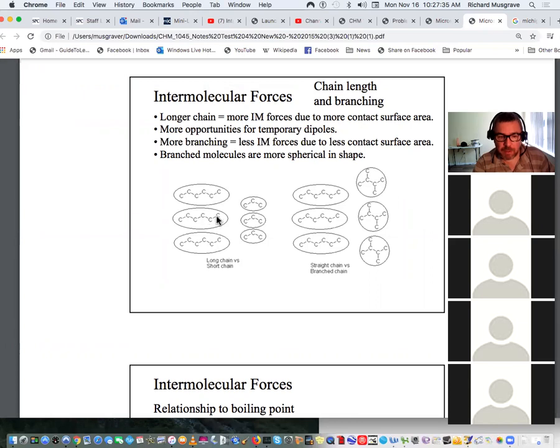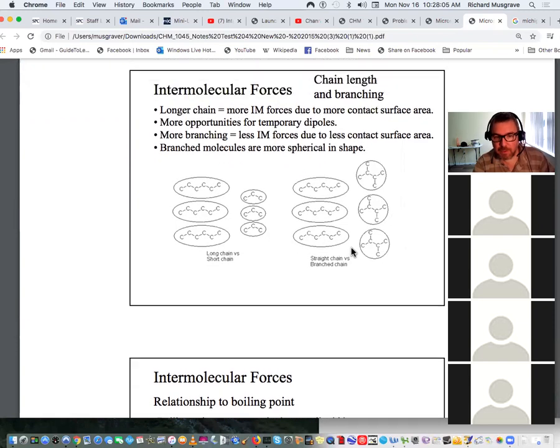We can also say the same thing about straight chain versus branch chain. Straight chain is very flat, looks like cigars in a box, whereas once we put Cs off the chain, it's kind of like spheres in a box. And spheres in a box always have less contact between them than cigars in a box will. So that's what's happening there. Does anybody have any questions about that?